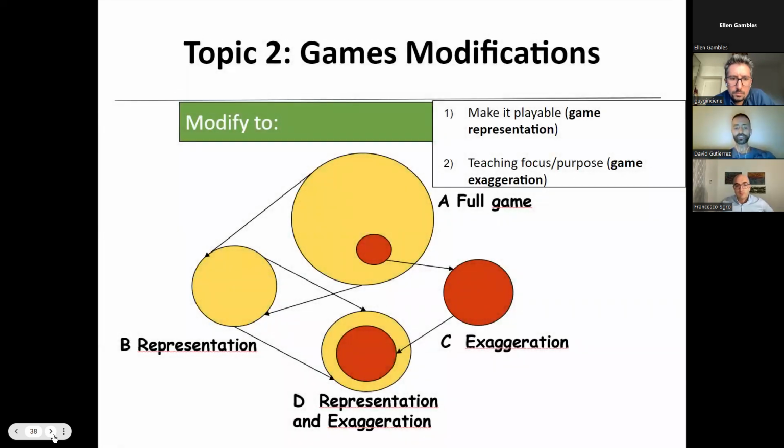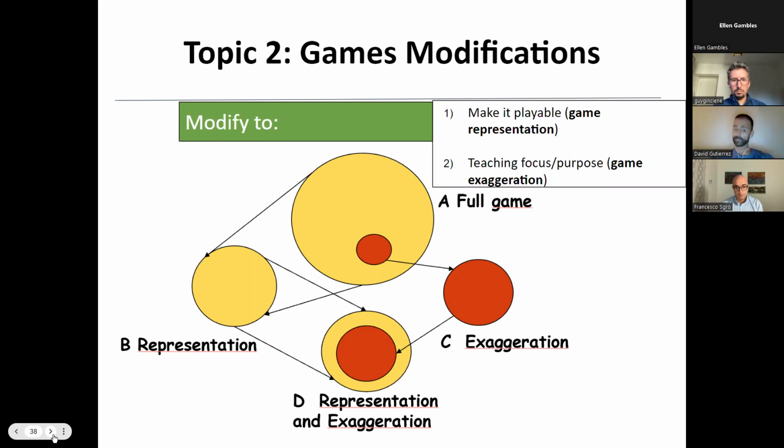So using this picture from Bunker and Thorpe, we see the big yellow circle could be the full game. We can represent it as a smaller form of the game, but it still is a circle. The sense is still the same. Or we can exaggerate one part of the game, so that would be exaggeration.